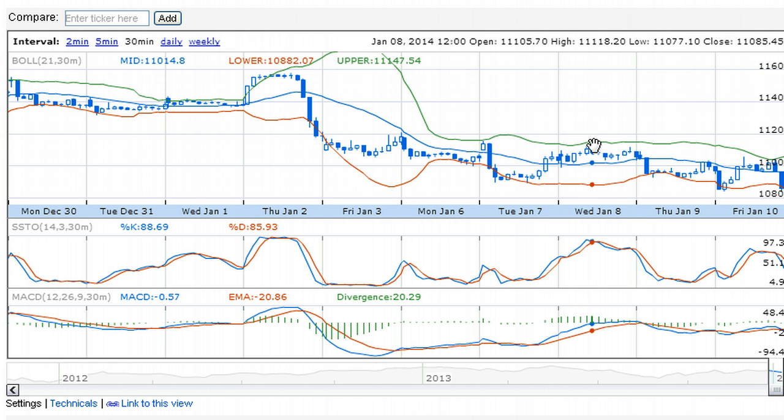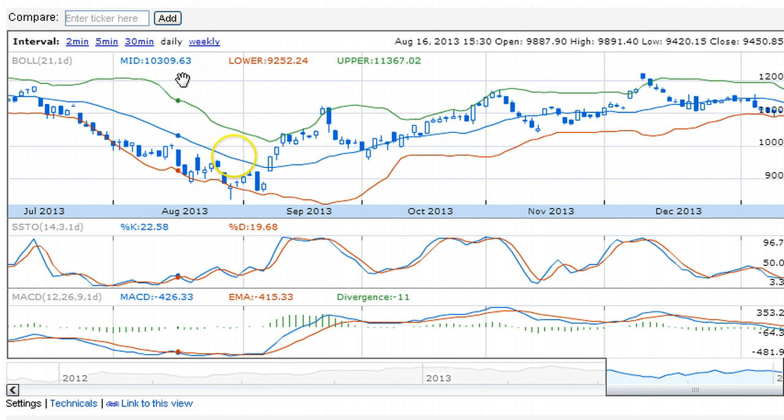And for long-term investors, or people who are trading in futures or options with a relatively longer time frame, you can go for the daily chart, and these will give you the pivot lines like the upper band, the middle line, I call it the pivot line, and the lower band. So basically these will give you the upper resistance levels, the lower support levels and the intermediate pivot levels.